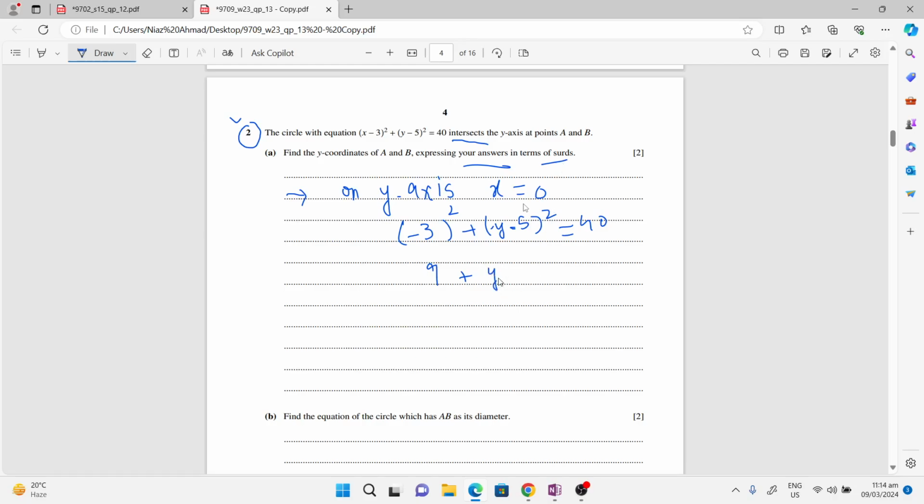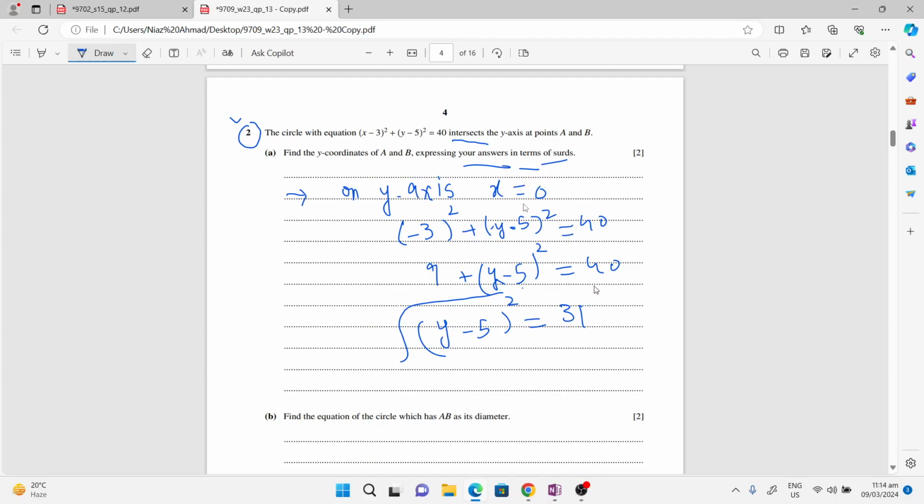I'm not going to open this. (y minus 5) whole squared equals 40 minus 9, which is 31. So take the square root on both sides, because the examiner asks you to give your answer in surds.